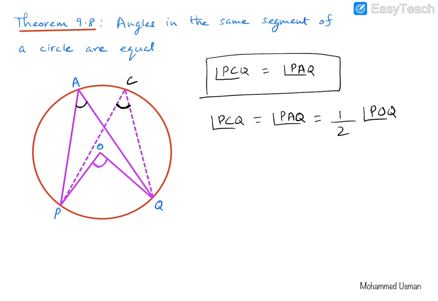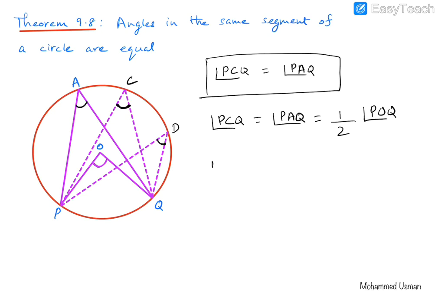For example, let's say we had another point D somewhere here. So I'll mark that point as D. So the angle subtended over here is PDQ. That will also be equal to PAQ and PCQ.